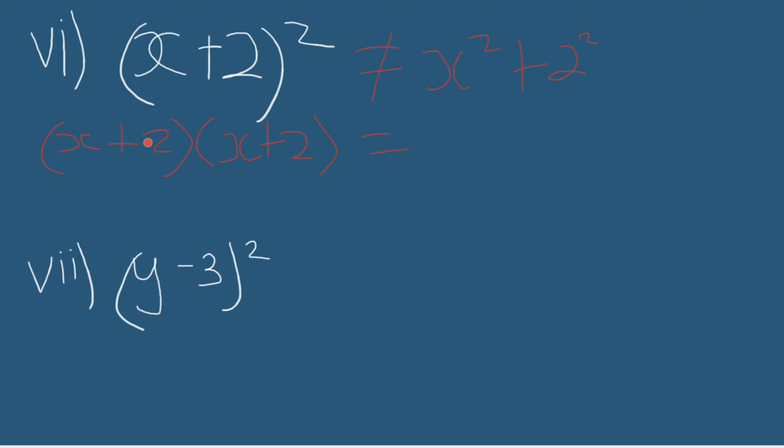And this is then equal to x times x, x squared, x times 2 is plus 2x, 2 times x is plus 2x, and 2 times 2 is plus 4. So overall, your final answer should be x squared, 2x plus 2x is 4x, so plus 4x and plus 4, right?